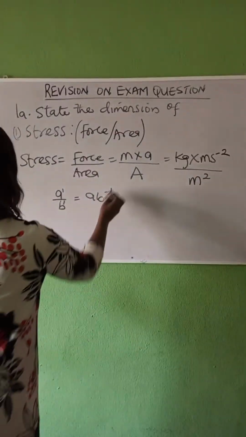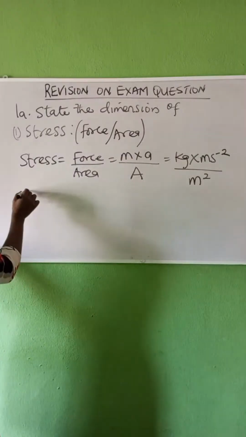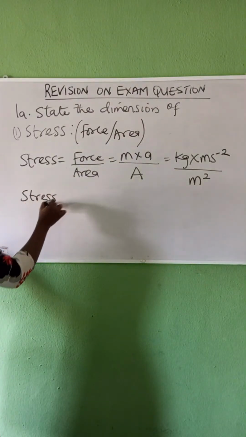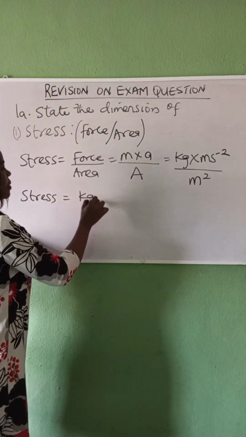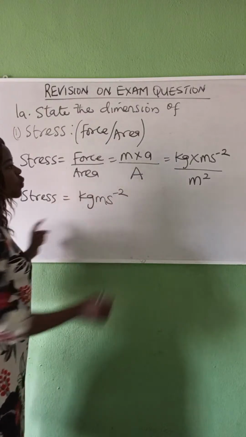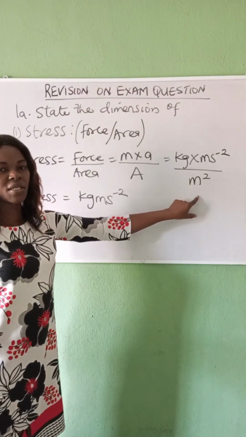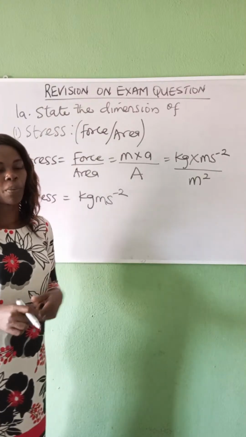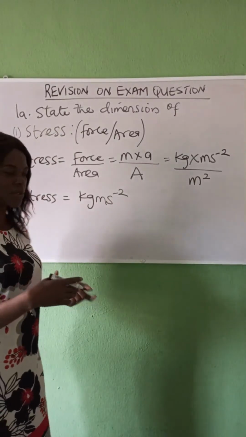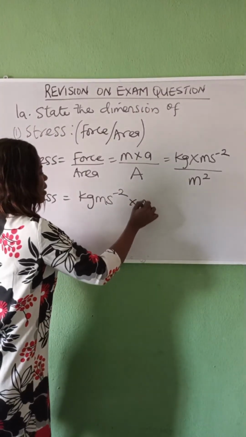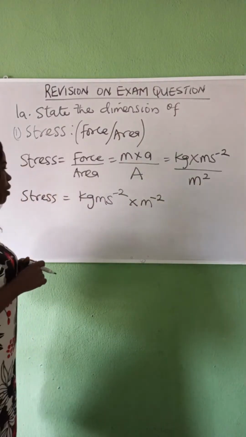So going by that, I'm looking for the unit now. Now I have kilogram meter per second square. That is what I have, okay? Now this meter square that is the denominator, I'm going to carry it up with a negative sign because it's in the denominator and I want it in the numerator. I'll now say multiply by m to the power minus 2. Is that clear? All right.